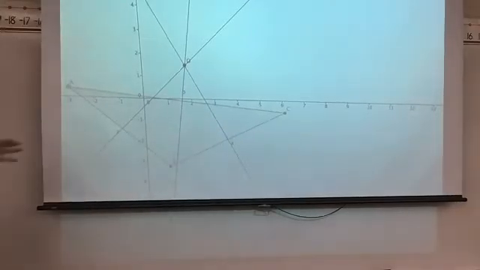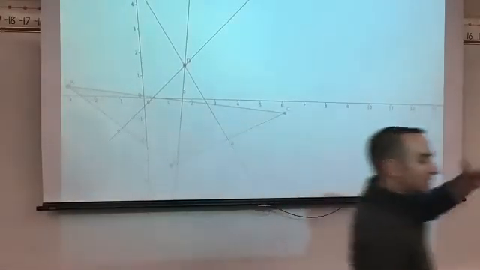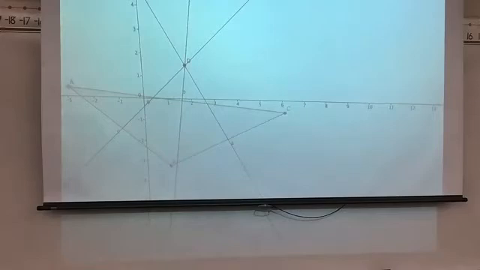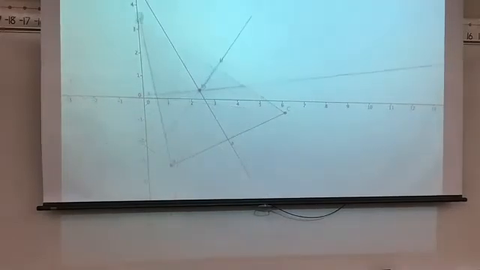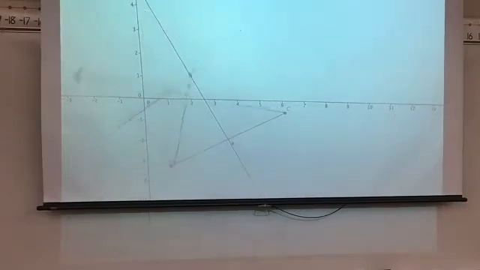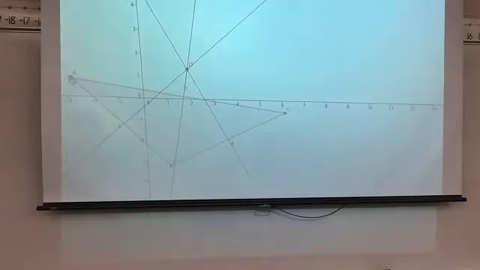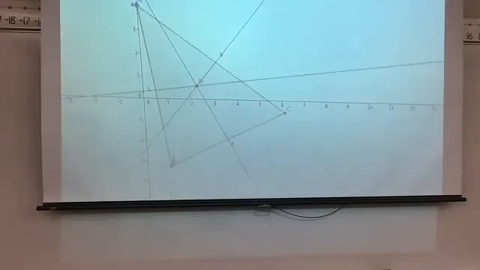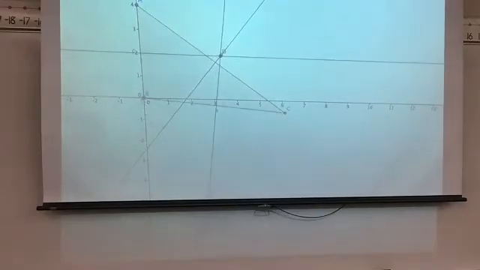So they could cross inside the figure, or they could cross outside the figure. For the obtuse triangle, are they always going to cross outside of the triangle? Yes. For obtuse, it's always outside.